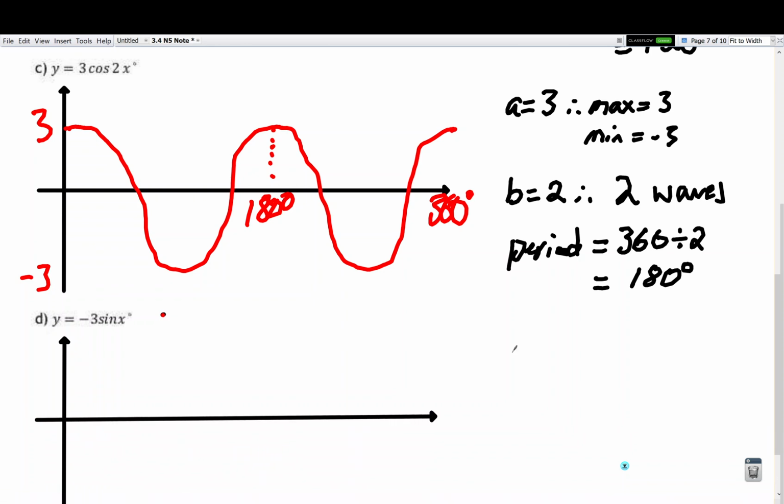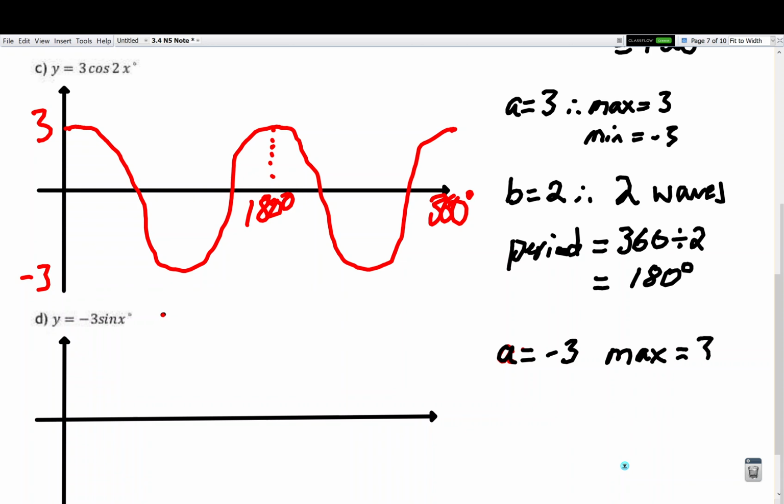Right, so A is -3. It's kind of funny how it works. So the maximum is still a 3, the minimum is still a -3. It just is going to meet those in the opposite order from the usual curve.